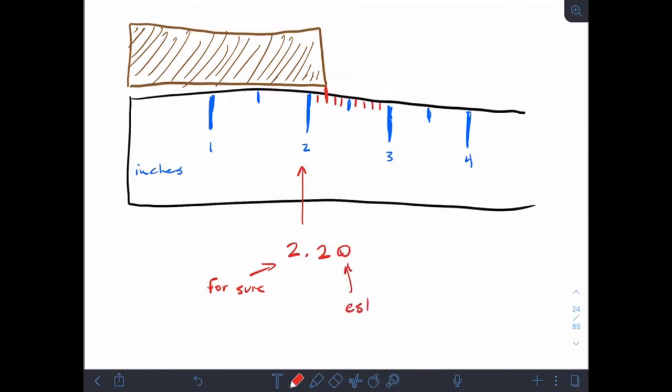And that 0 becomes my estimated digit. Okay? So with measurements, we have to be reasonable about how accurate we can be. All right, I'm not going to report more than 2.20 unless I have more markings on my ruler.